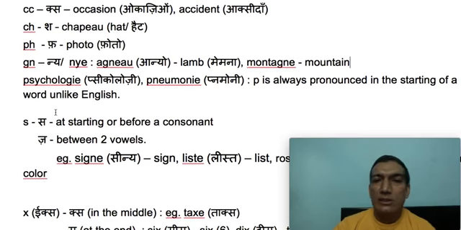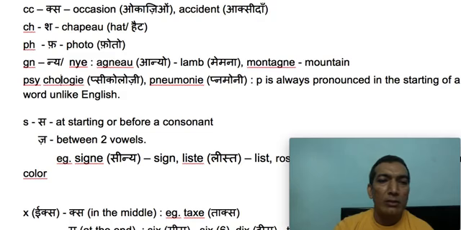Then there is another thing as compared to English, so it might create some confusion also. This is pay, which is followed by son, when it is silent in English, but in French P is always pronounced in the starting of a word, unlike English.